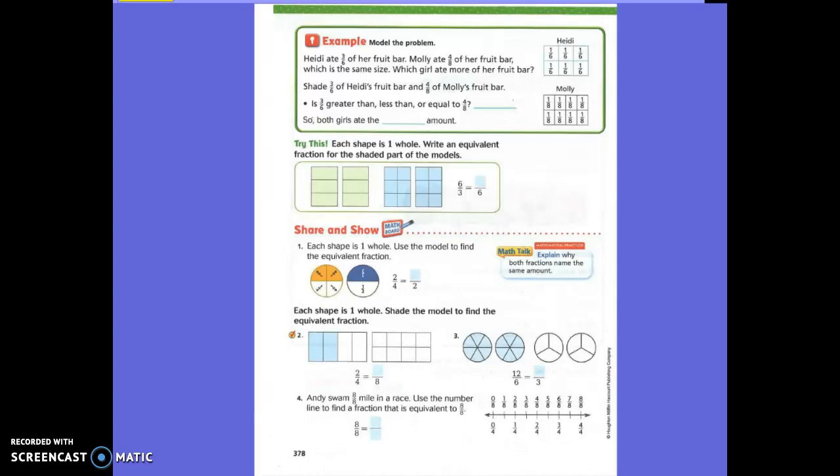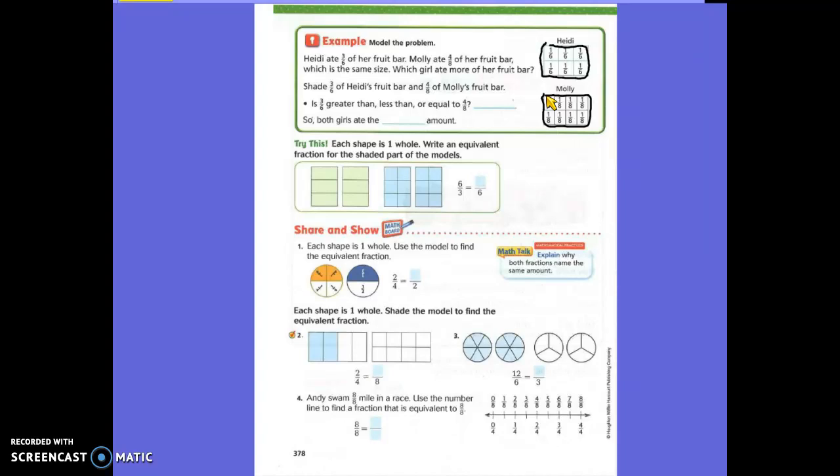So let's look. This is a fruit bar, this is a fruit bar. Are those the same size bars? Yes. The difference is they're just cut into different size pieces. Molly's is cut into 8ths, and Heidi's is cut into 6ths.